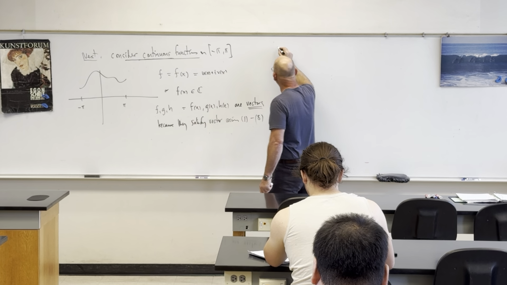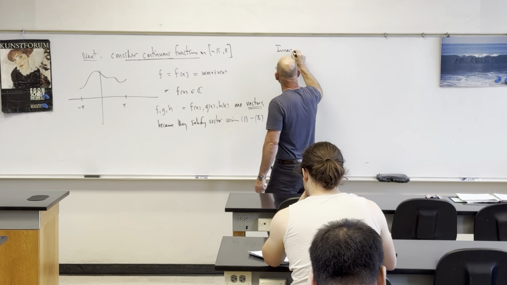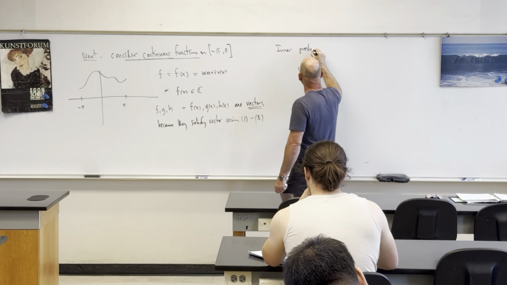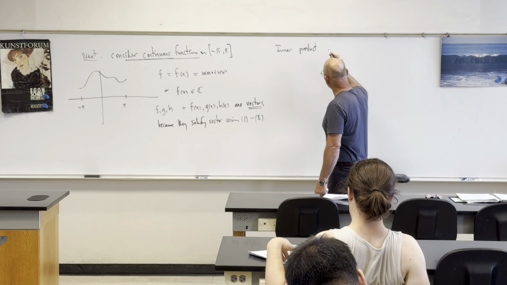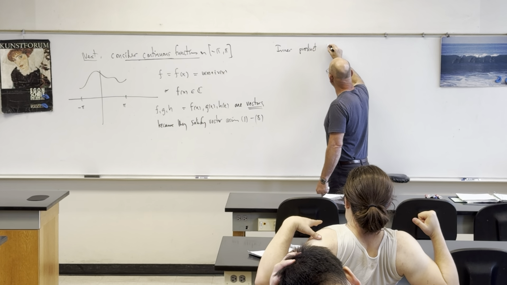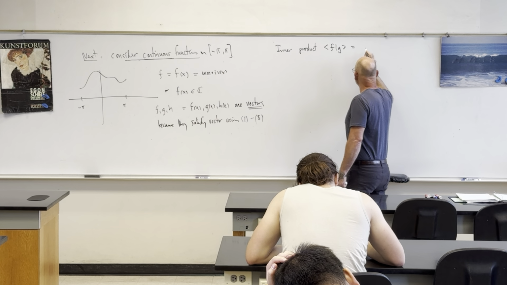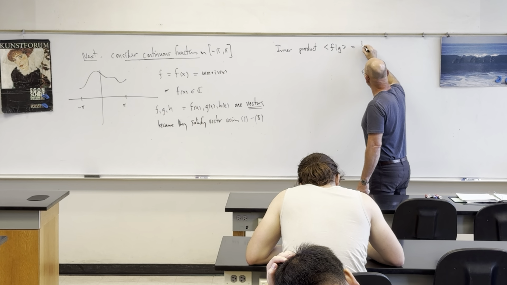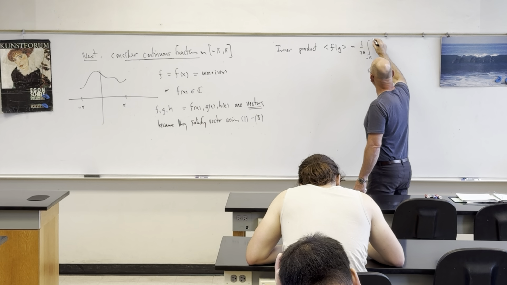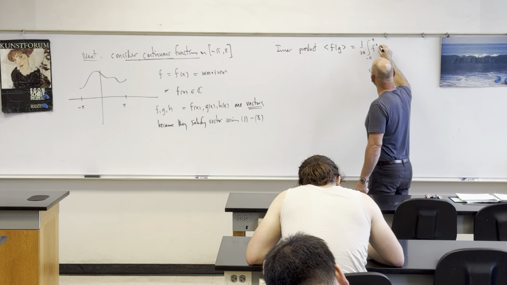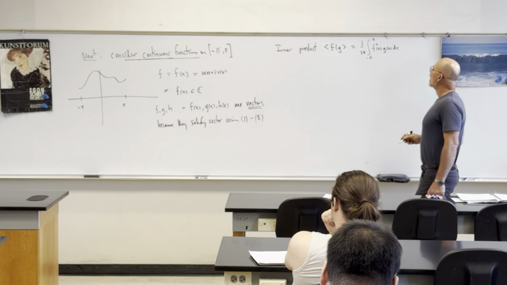So the inner product, and this is the perfect example to begin with, inner product of f and g is equal to 1 over 2 pi integral from minus pi to pi of f star of x, g of x dx. Okay.